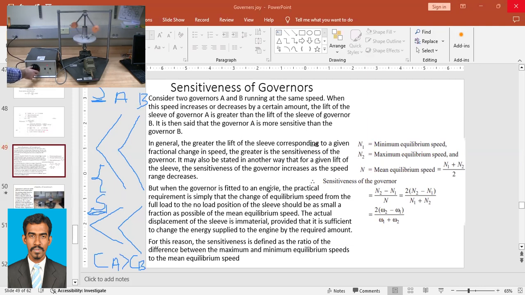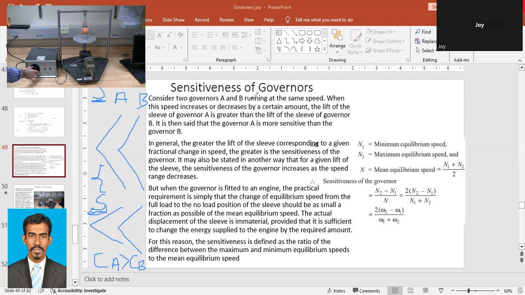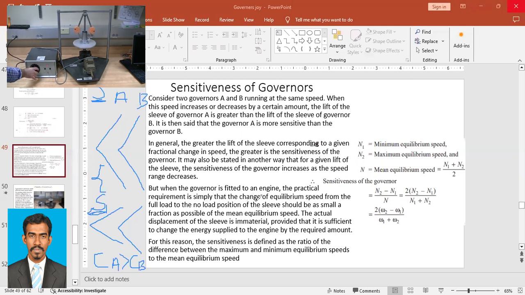But when the governor is fitted to the engine, this is a theoretical phenomenon. We'll see what is happening in practice. When the governor is fitted to an engine, the practical requirement is simply that the change of equilibrium speed from the full load to the no load position of the sleeve should be as small a fraction as possible of the mean equilibrium speed.